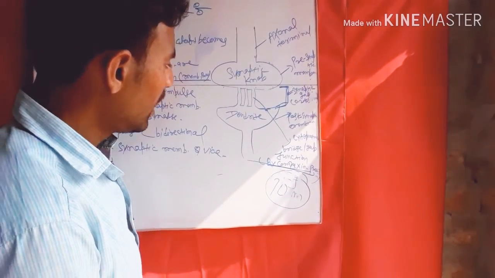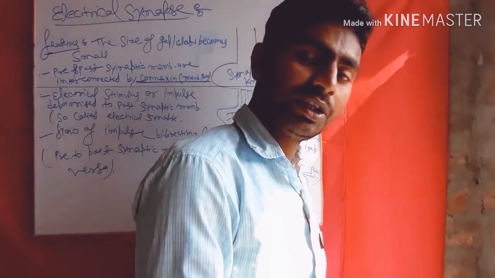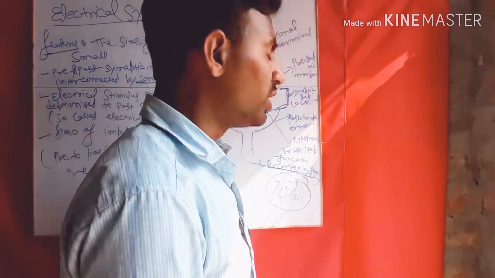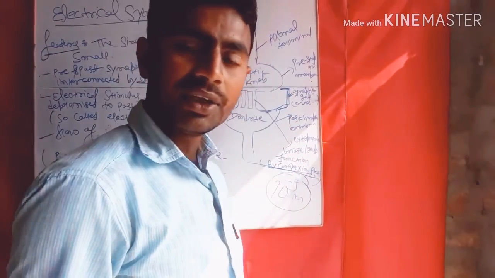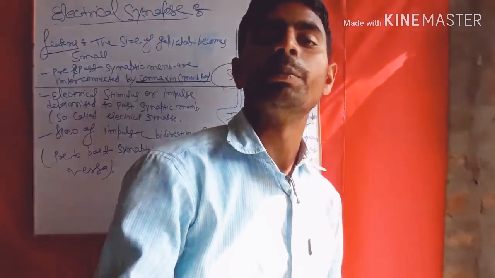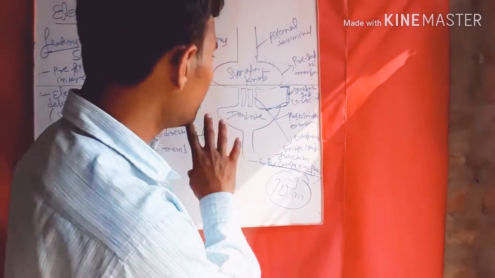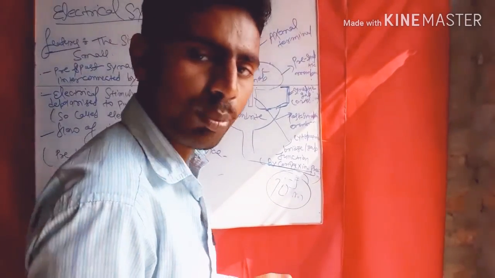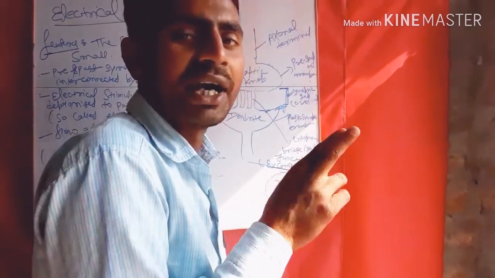Why does this bridge formation happen? The role of this bridge is the flow of impulse. This is the electrical synapse. The flow of impulse in the electrical synapse is bidirectional.